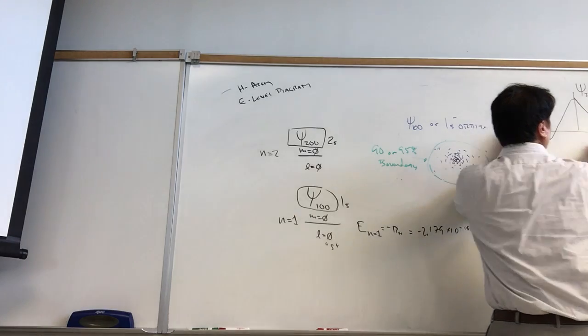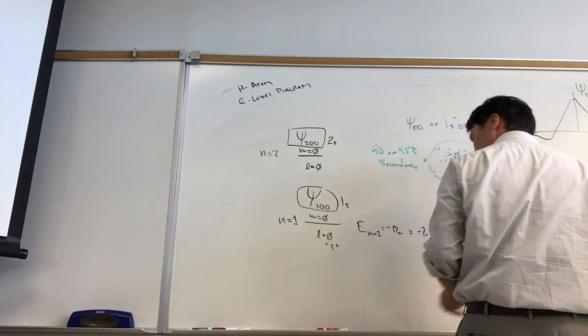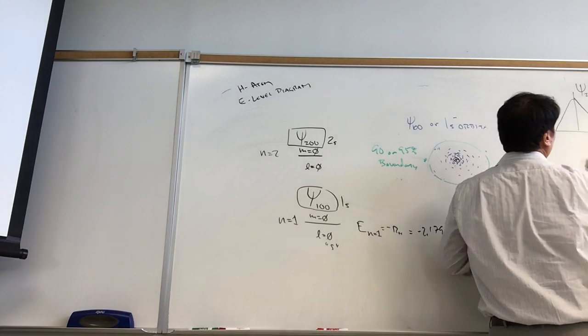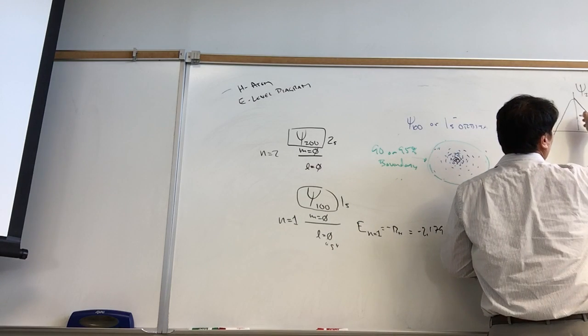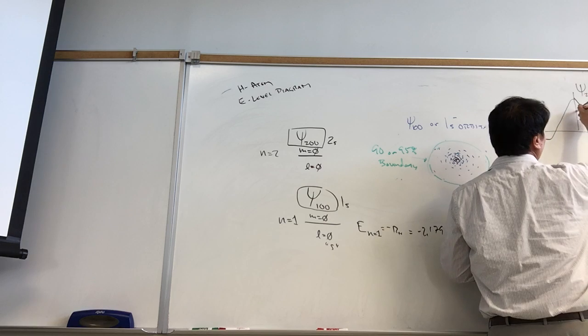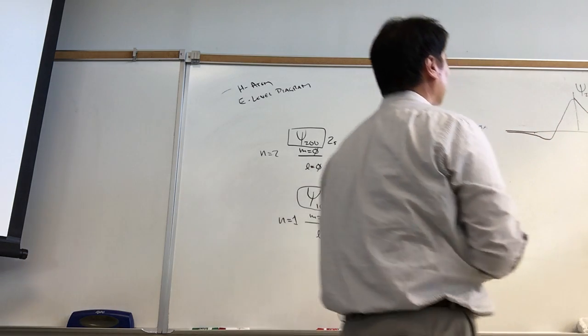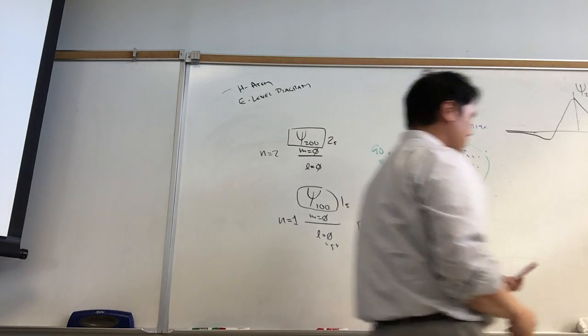Not to scale, it's going to be bigger than the 1s. The 1s would be a lot smaller, something like this, and symmetric on both sides.